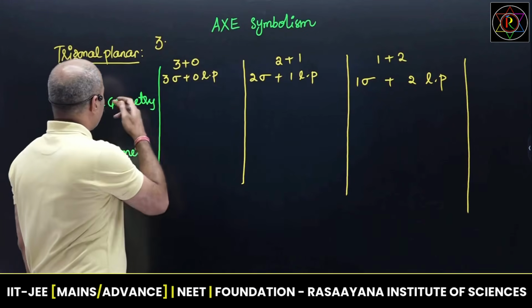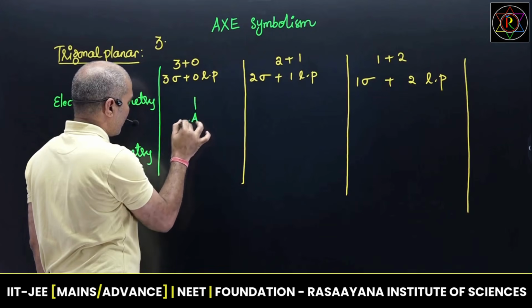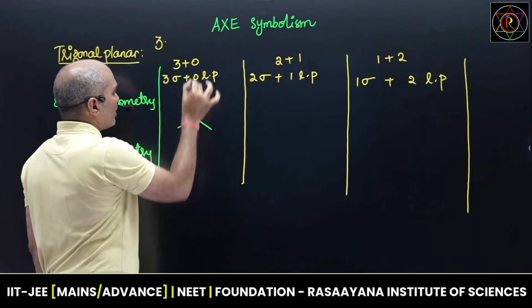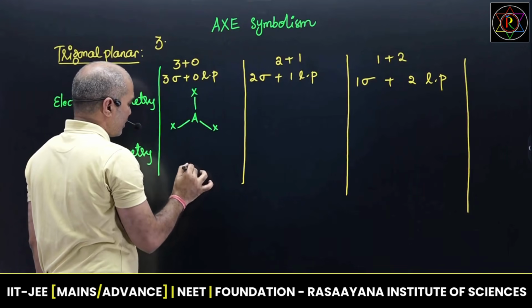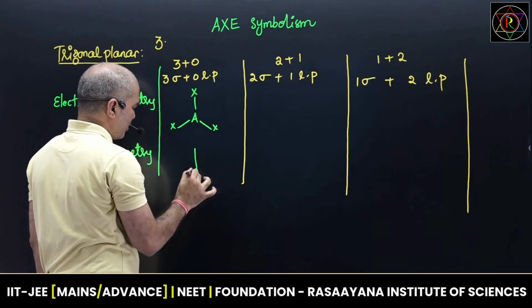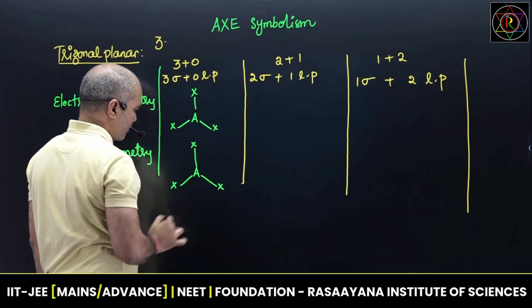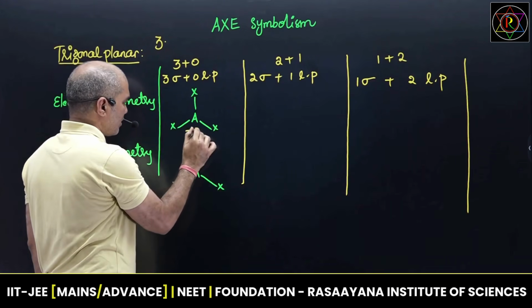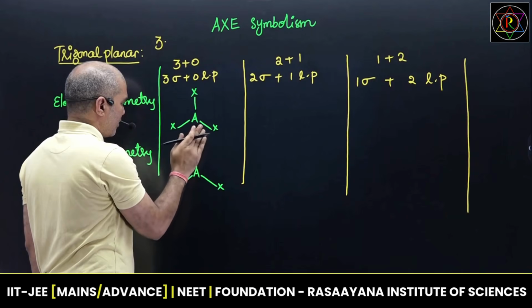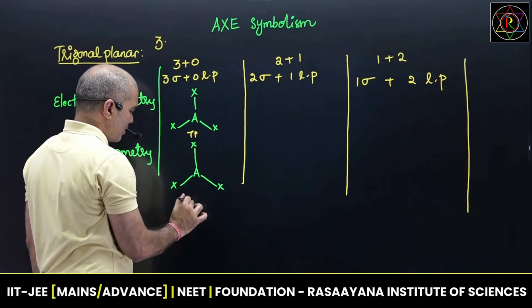So if I consider the electronic geometry, in this case it will be AX3, all bonded pairs, no lone pair. So the molecular geometry also becomes the same. In both cases the geometry is trigonal planar, which I'm abbreviating as TP.